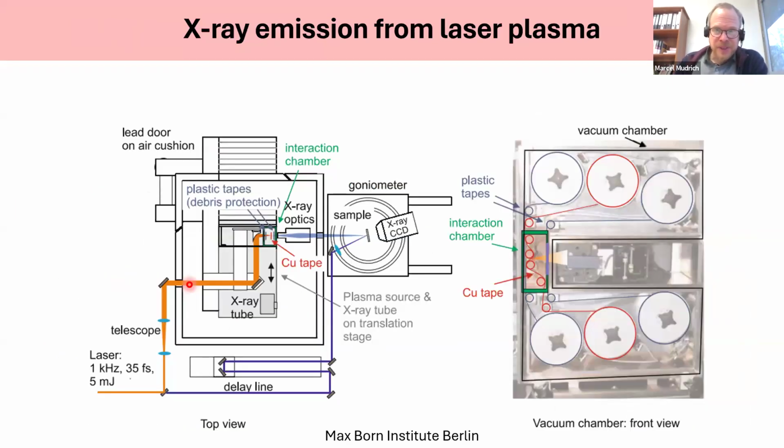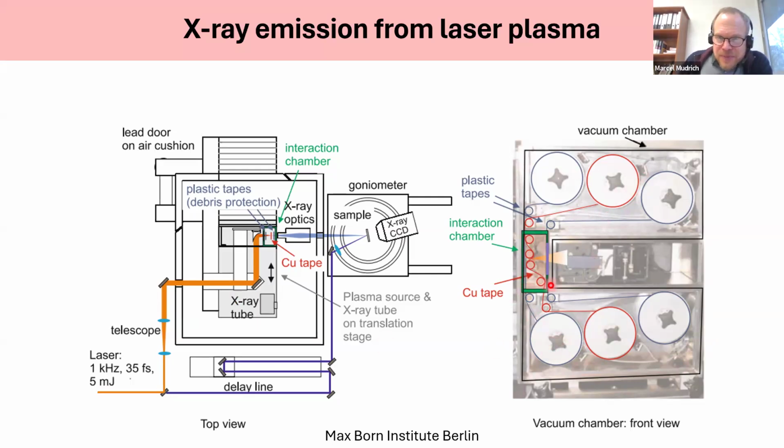Just to mention that this technology can be extended up to the X-ray range. A quite common approach nowadays, instead of using micro or nanoparticles to transform them into a nanoplasma, is to use solid-state material, for example a copper tape here, which is renewed by passing it through the laser focus, basically by winding the tape on these big coils.